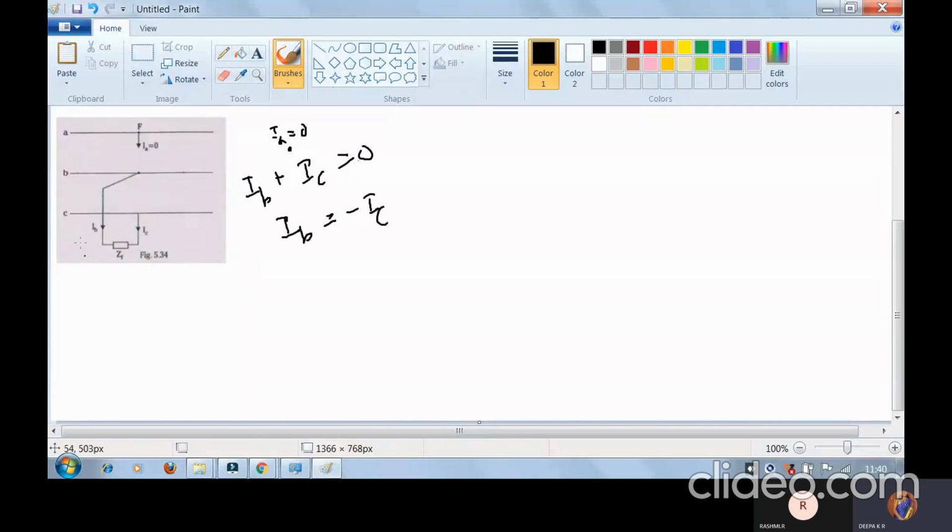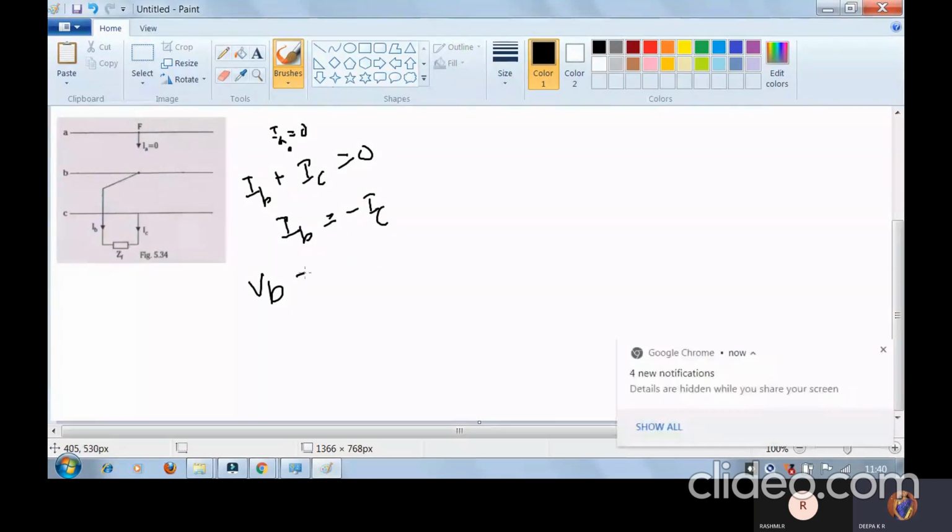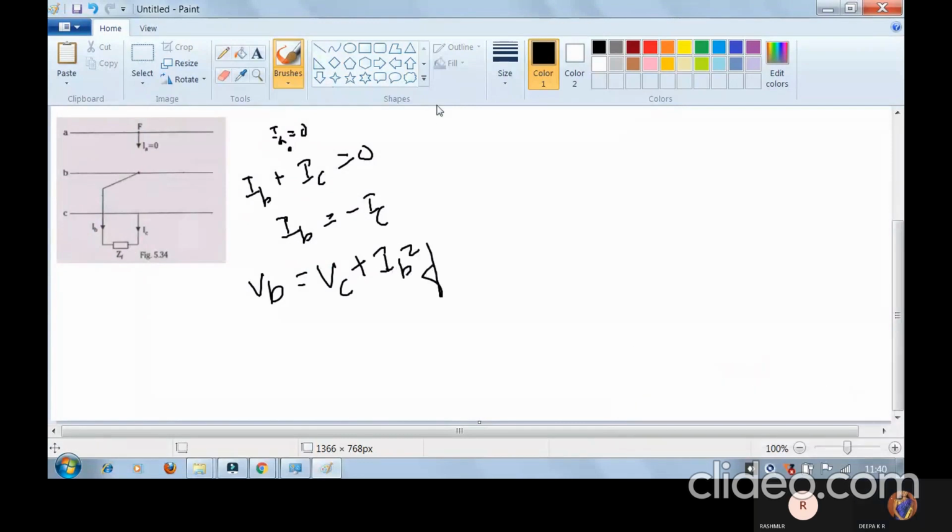For the voltage, you can take any of these. I'll take VB minus VC, and across this you have a drop due to the current IB going through ZF, so I'll write VB is equal to VC plus IB into ZF. So the terminal conditions are written.